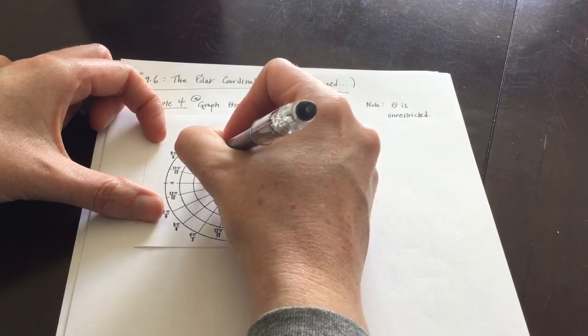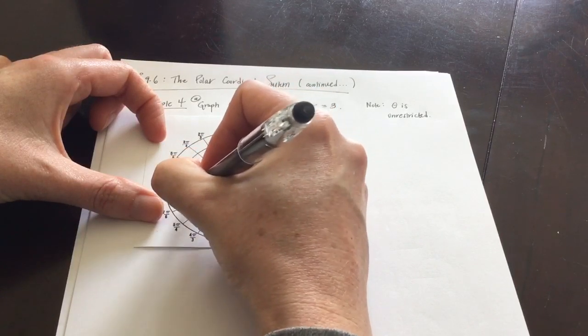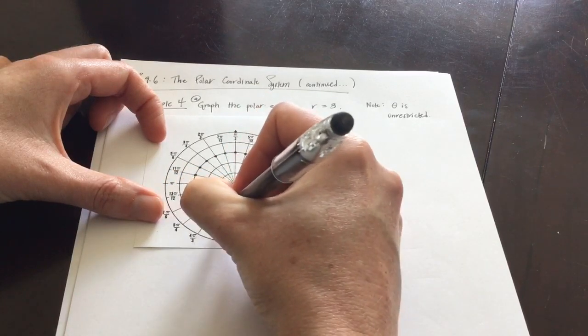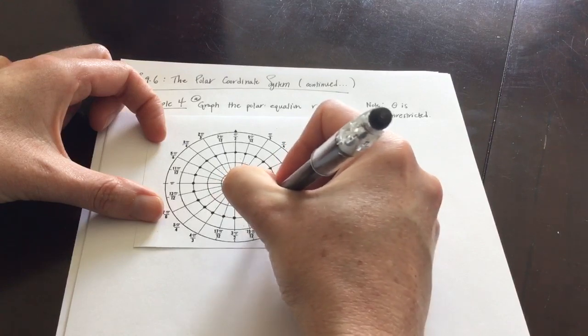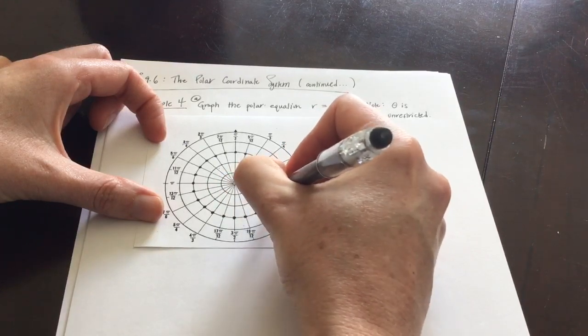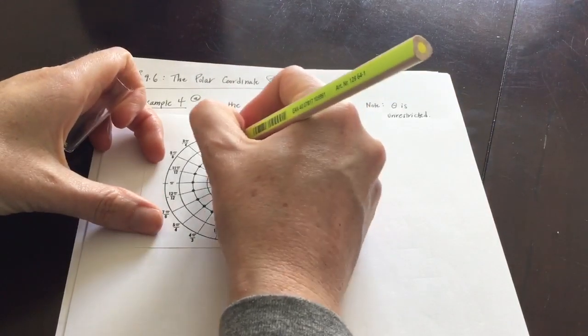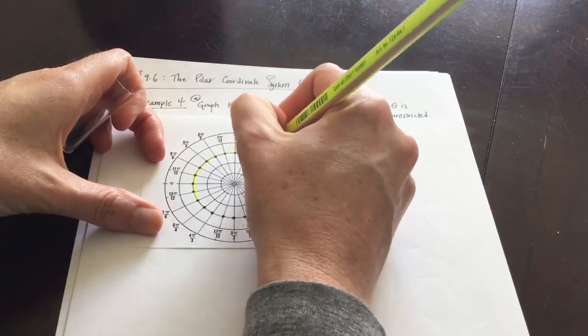So if you start plotting all of the infinitely many points that have an r value of 3, pretty quickly you'll find yourself drawing a circle centered at the origin or the pole with a radius of 3, which is funny because that is exactly what it says, r equals 3. I'll show with highlighter where the actual graph would be.